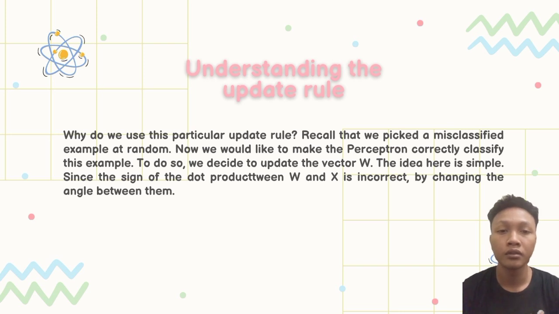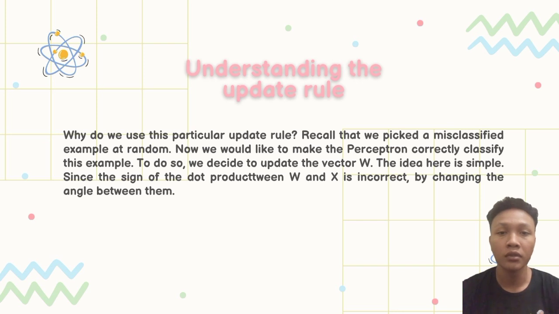Understanding the update rule. Why do we use this particular update rule? Recall that we pick a misclassified example at random. Now we would like to make the perceptron correctly classify this example. To do so, we decide to update the vector w. The idea here is simple.